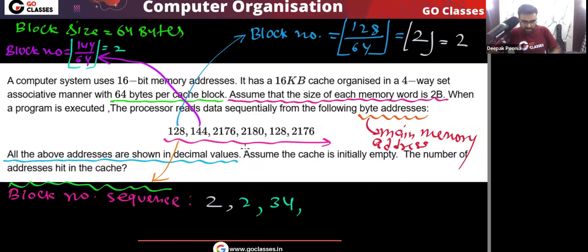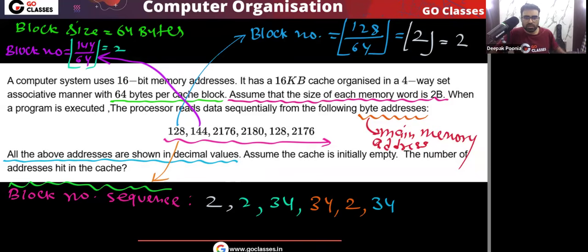What about 2180? 2180 divided by 64 is 34 point something, so you take a floor, and that again will be 34. Next, 128, which we have already found, belongs to block number 2. And 2176, we have already found, belongs to block number 34.